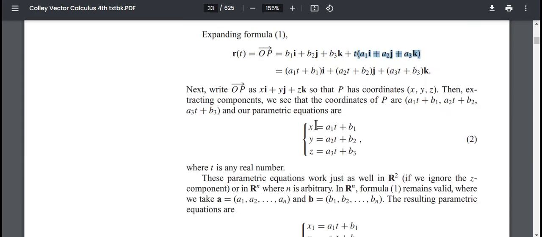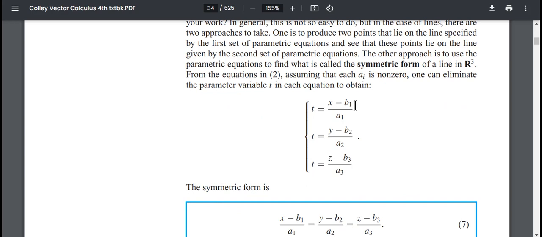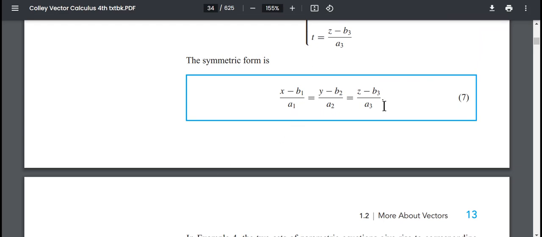So we can solve the first one for t, the second one for t, and the third one for t. And this is what we'll get. But then, since they're all equal to t, they must all be equal to each other, which looks like this. So this is called the symmetric form.